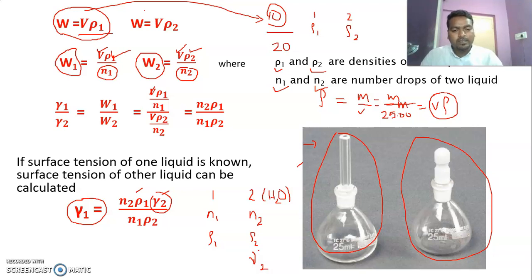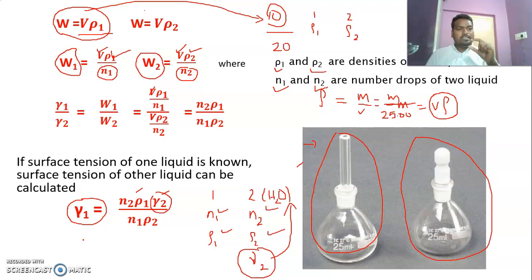The surface tension of water is already given, it is known to us. We know the values of N1 and N2, the densities of both the liquids, and the surface tension of the reference liquid is a standard value. Then if you substitute all the values in this equation, you get the surface tension of the liquid.